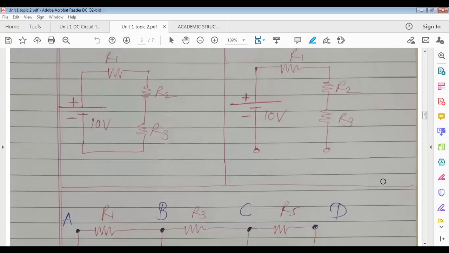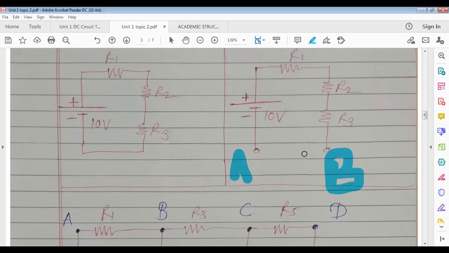So see here. If you observe the electric network on your left hand side, it is a closed one. In both, a 10 volt DC voltage source is there and 3 resistances are there, R1, R2, R3. But on the left it is closed, and on the right it is an open circuit. If it's an open circuit, what does it mean? Suppose I mark this as the A terminal and this one as the B terminal.